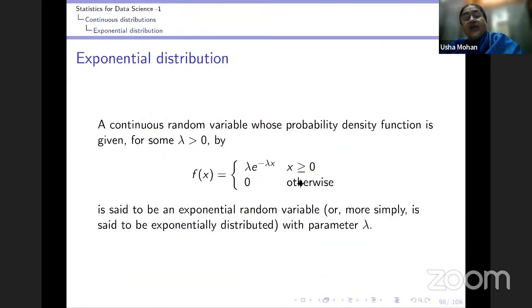Now, one of the most common distributions that you encounter when you want to model inter-arrival distributions or service times or anything is the exponential distribution. What do I mean by inter-arrival distribution? Imagine a bank where I have customers arriving, or a hospital where I have patients arriving.